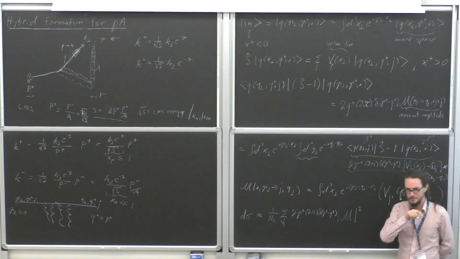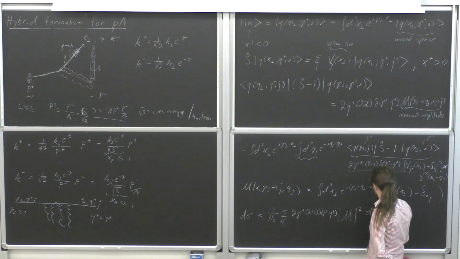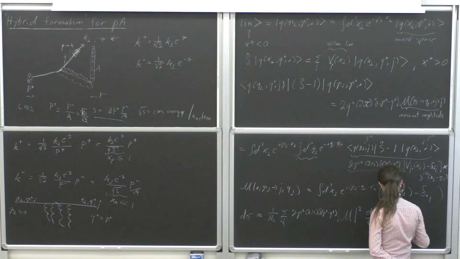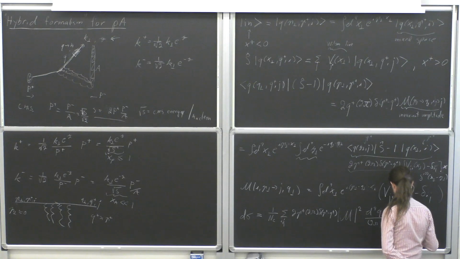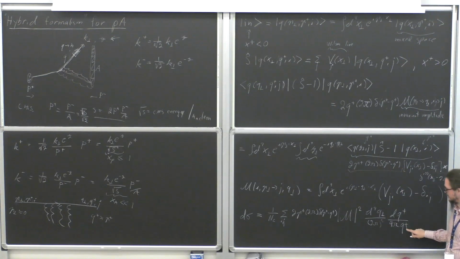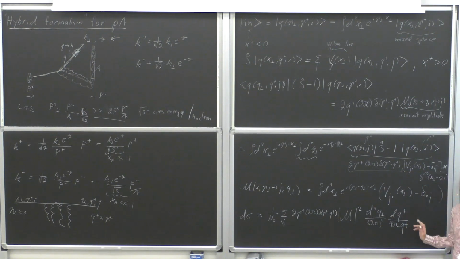Now this is a one-to-one scattering, right? I only have one quantum particle coming in, one quantum particle going out. So my outgoing phase space is a one particle phase space. So d squared q perp over 2 pi squared, dq plus over 4 pi q plus. Remember, this is the Lorentz invariant phase space for a single particle in the transverse plus coordinates, right?